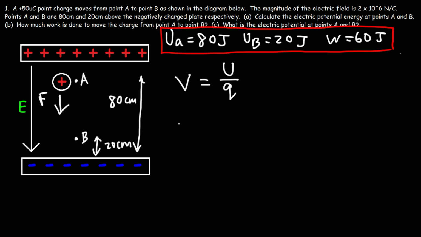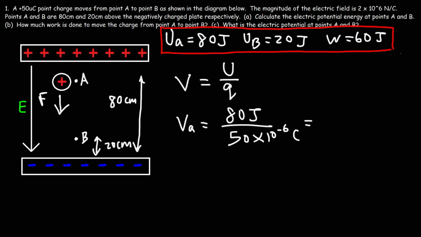So if we wish to calculate the electric potential at point A, it's going to be the electric potential energy, which is 80 joules, divided by the charge. And the magnitude of the charge is 50 microcoulombs, or 50 times 10 to negative 6 coulombs. So this is a very large number.